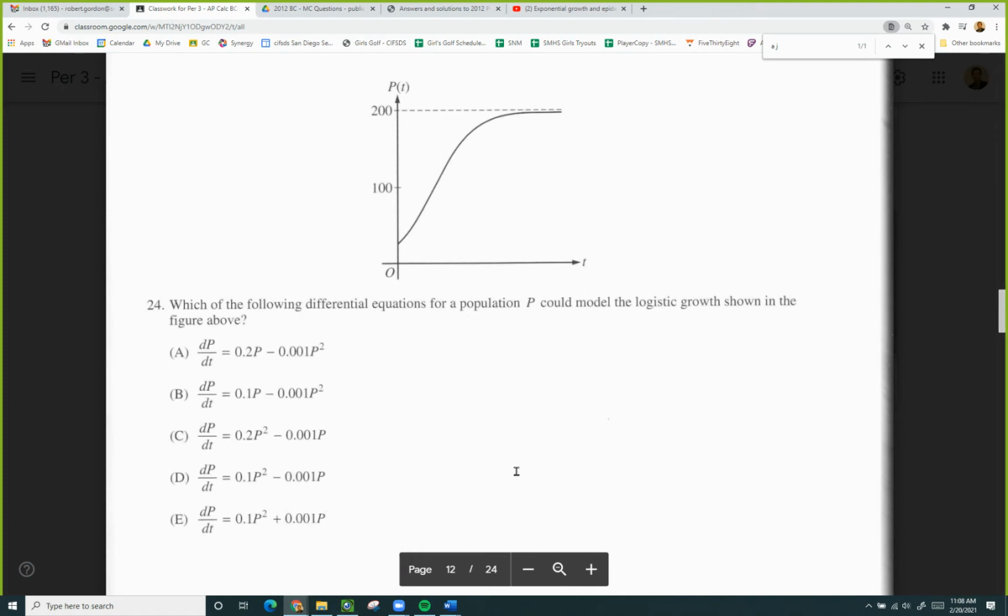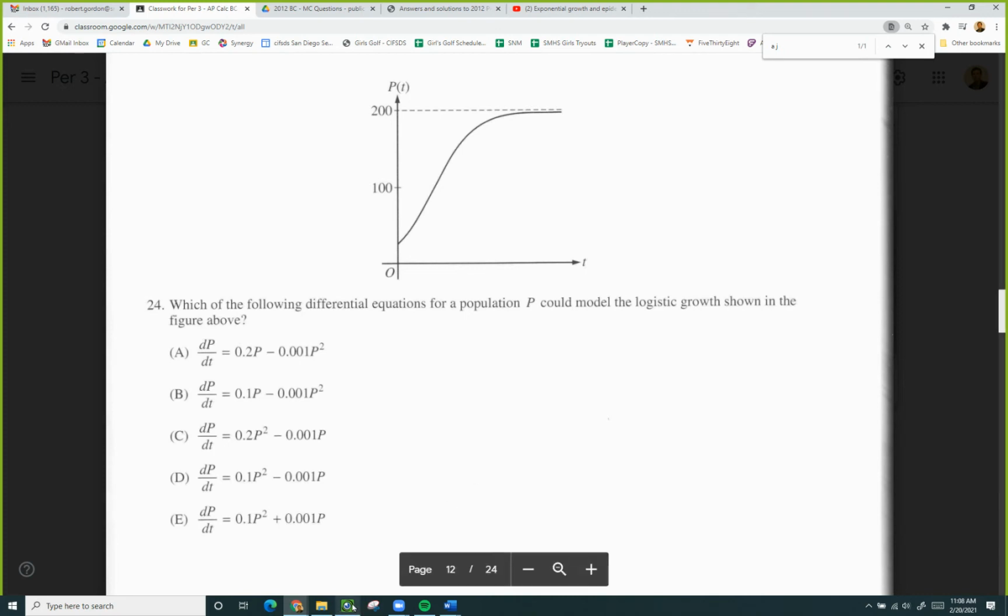Look at the structure. You have 200kP minus kP squared. Well, that means the constant in front of the P is going to be 200 times bigger than the constant in front of the P squared. That pigeonholes it to A. You might have been saying, oh, it might be A or B because I know it's a negative P squared term.